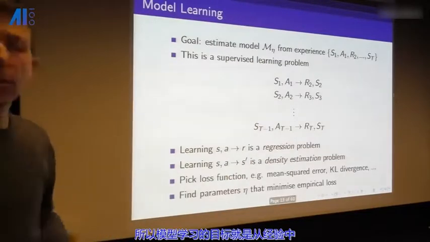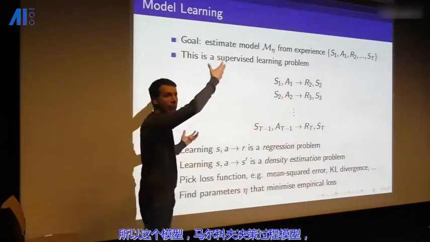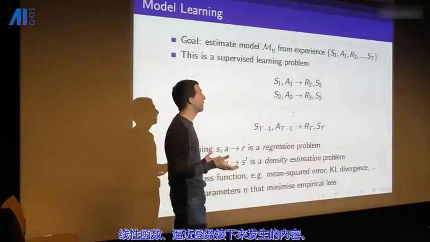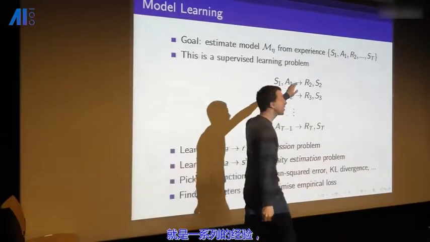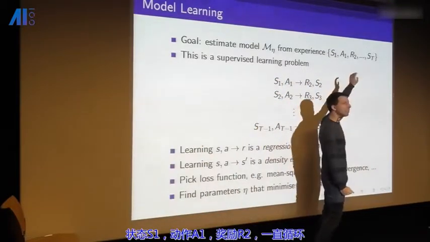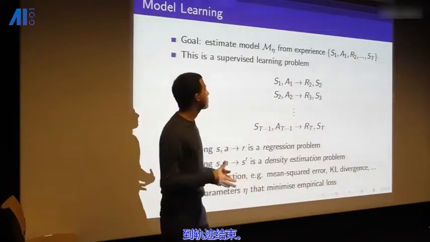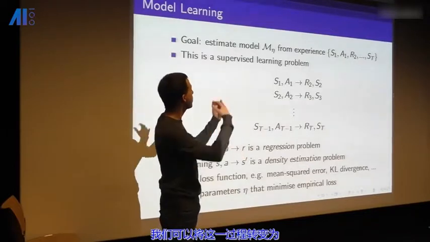And so the goal really is to estimate this model from experience. So we've got our parameterized MDP, maybe a neural network representing what's going to happen next, or a linear function approximation, or whatever it is. And we just see our usual stream of experience, states, actions, rewards, states, actions, rewards, until the end of the trajectory.